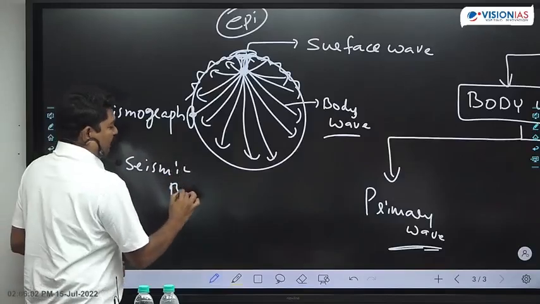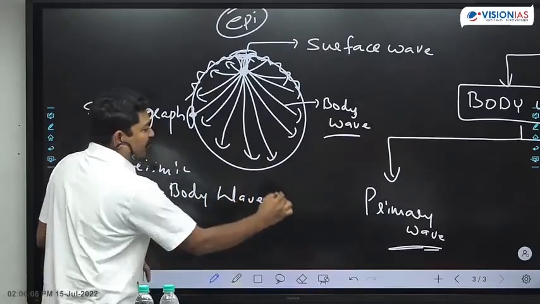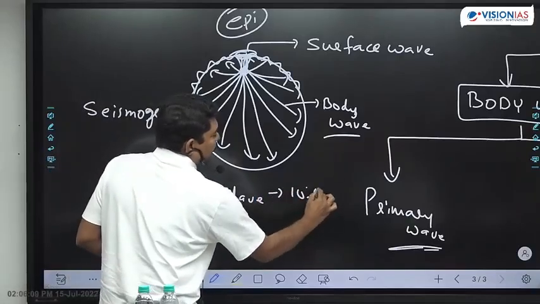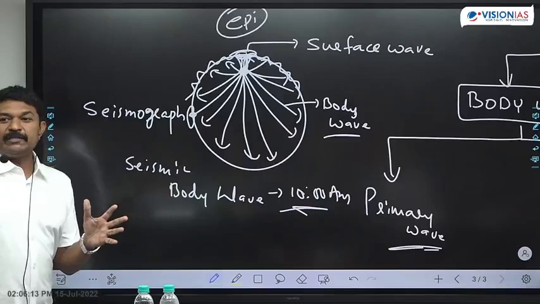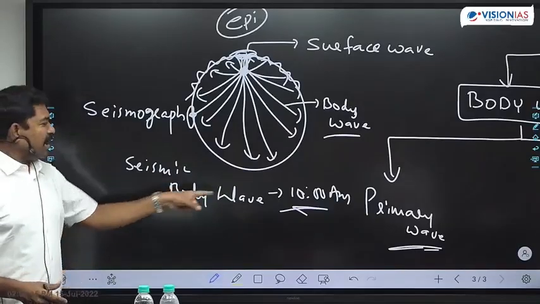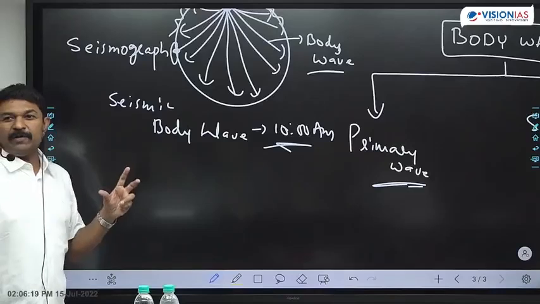They say it is the seismic body wave, which reached at around 10 o'clock a.m. They record that the seismic body wave reached the seismograph at around 10 o'clock. Then they believe there is only one wave, coming and hitting.